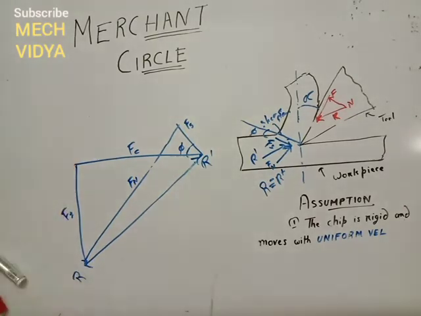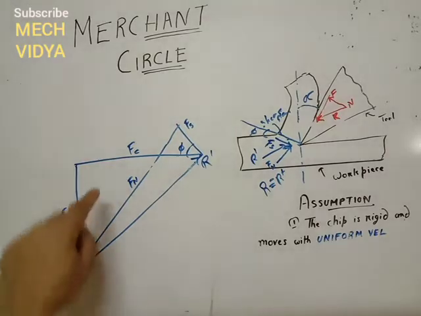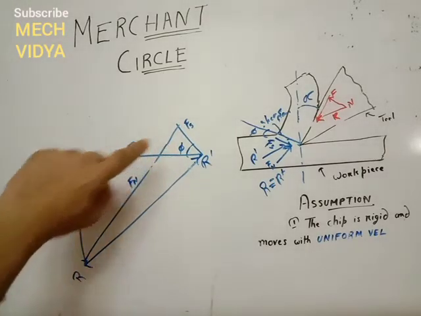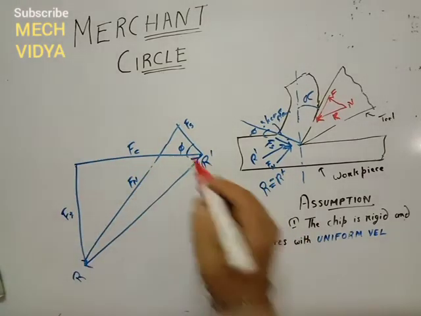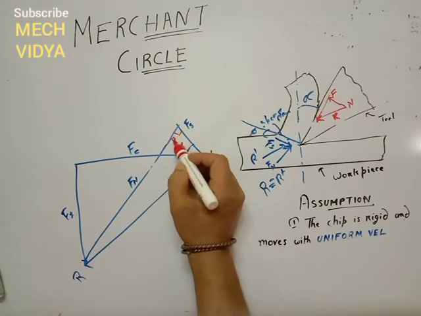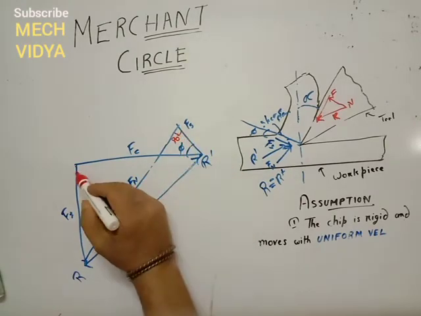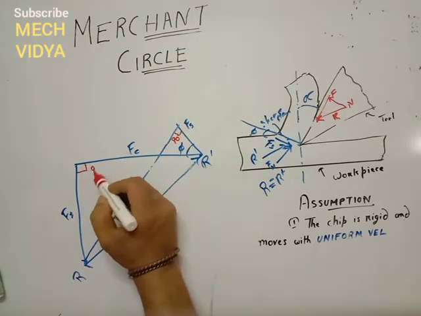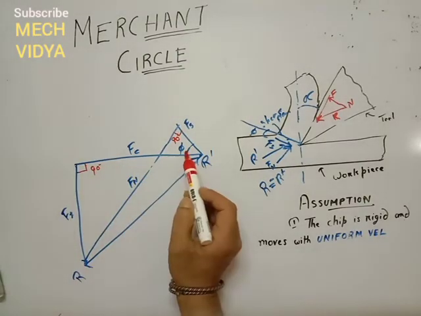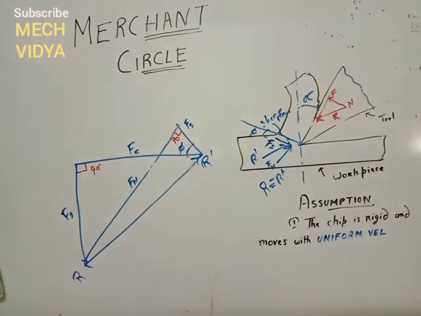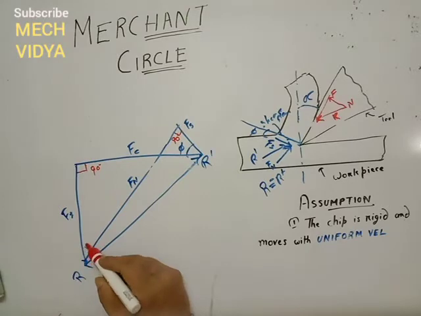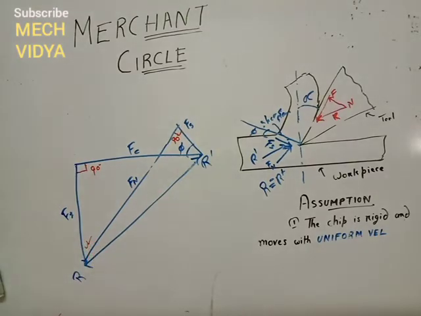Okay. Now see a very interesting thing. If we compare these two triangles, now we have this angle as 90 degree, this angle as 90 degree, this angle as phi. I want to know the value of this angle. How to do this?